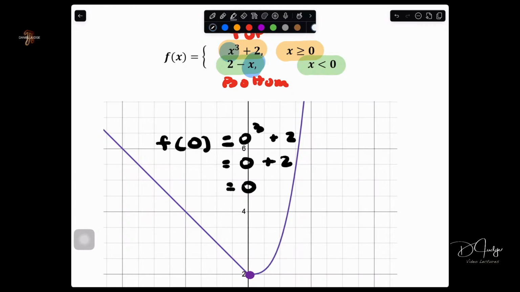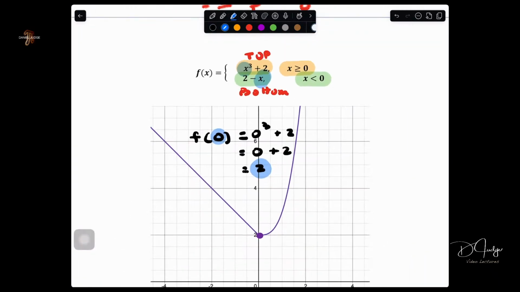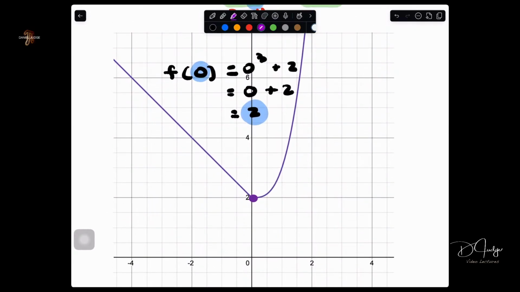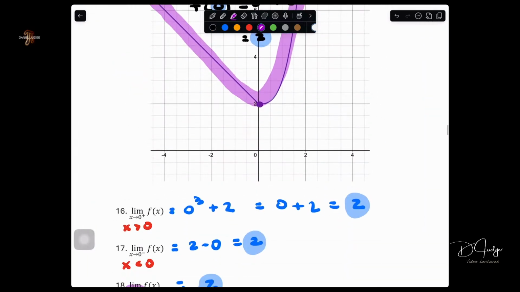So there we go. Sorry, 0 plus 2 is 2. So the value of the function at 0 is equal to 2. And so just looking at this curve, yes, we can sketch this curve without picking up our pencil anywhere on that point, especially when x is 0.